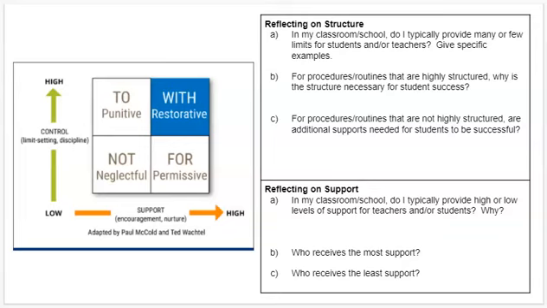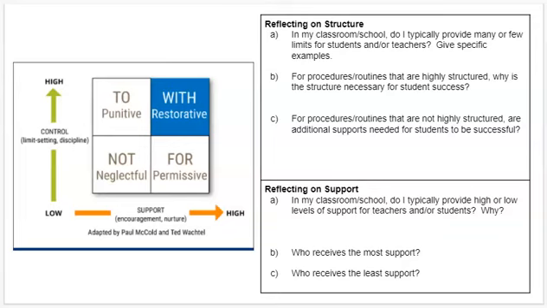Now I'm going to move to B. When you think about the routines and procedures that you have in the classroom or the system, are they highly structured? You came in with your procedures for your classroom: this is it, this is number 1 consequence, number 2 consequence, number 3 consequence.